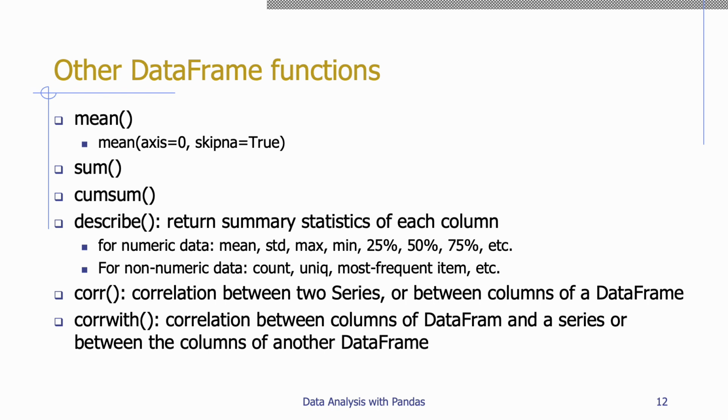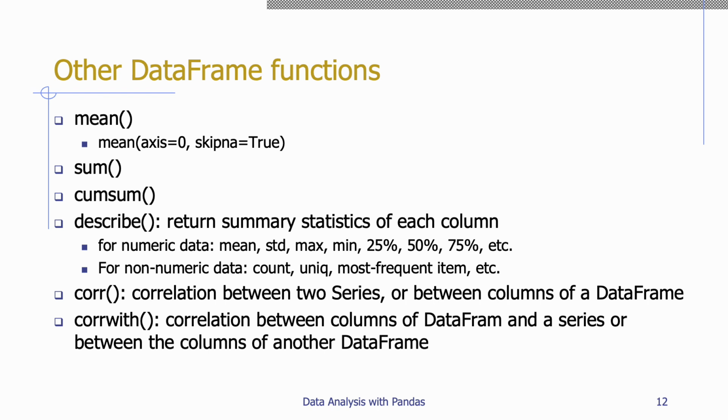The describe method generates descriptive statistics. Descriptive statistics include those that summarize the central tendency, dispersion, and shape of a dataset's distribution, excluding NaN values. It analyzes both numeric and object series, as well as data frame column sets of mixed data types.